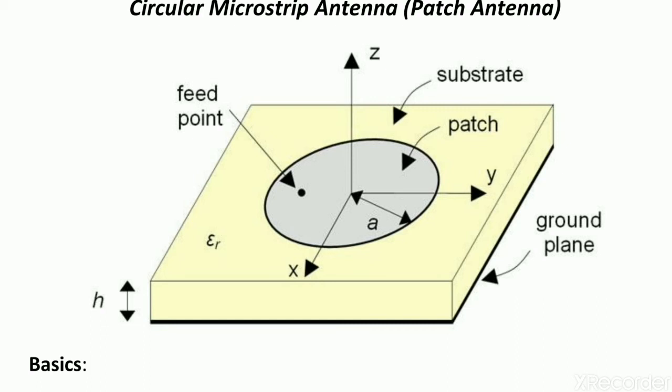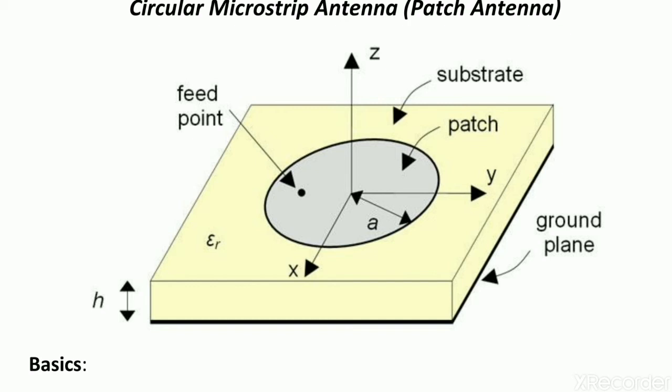So we can see the circular shape patch is the radiating patch for this antenna. The inner conductor is soldered at that point, the black dot, while the outer conductor is connected to the ground plane. So this is the basic construction for coaxial feed or probe feed.